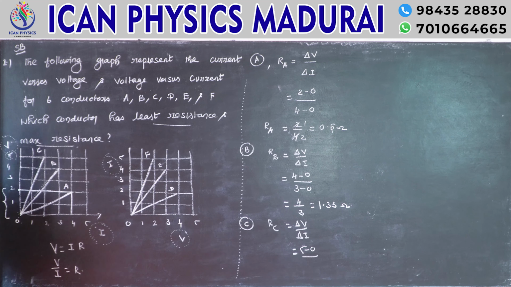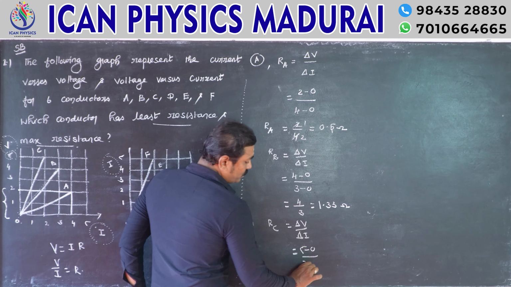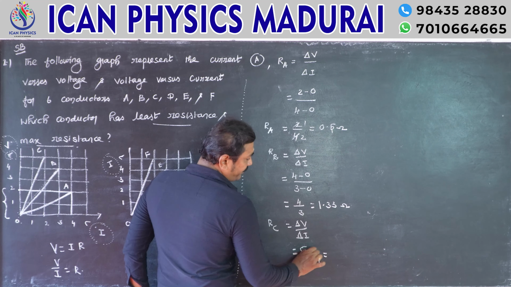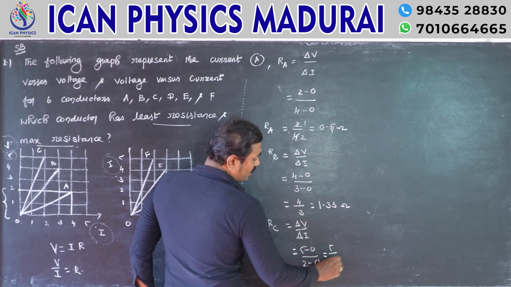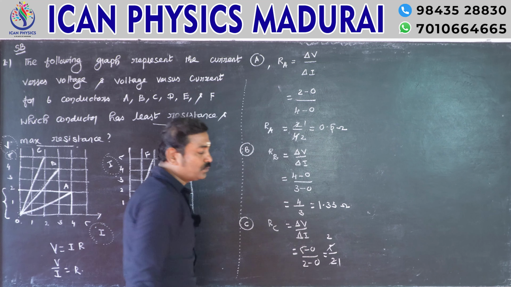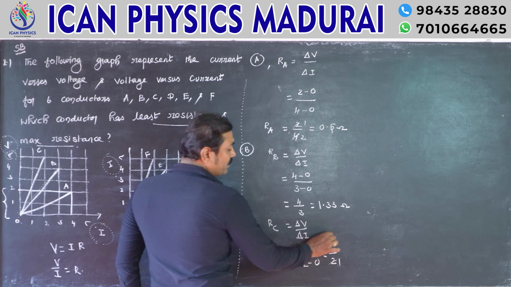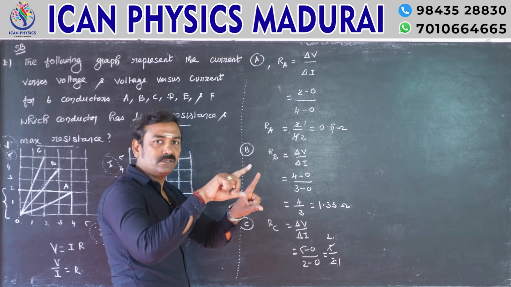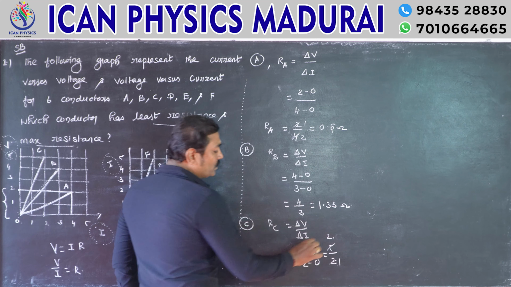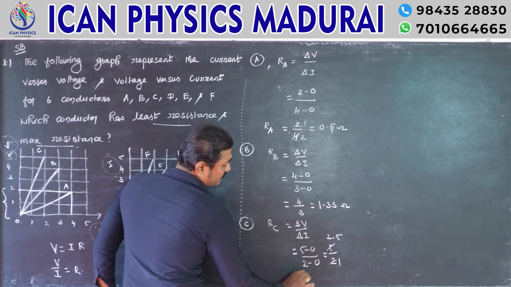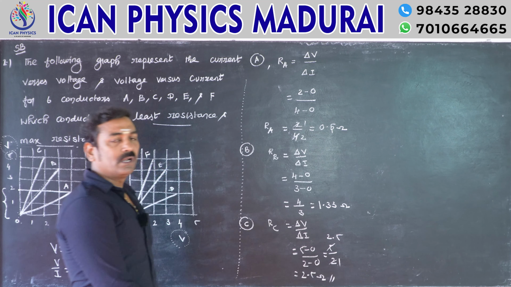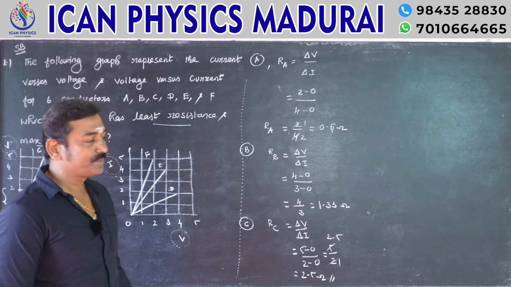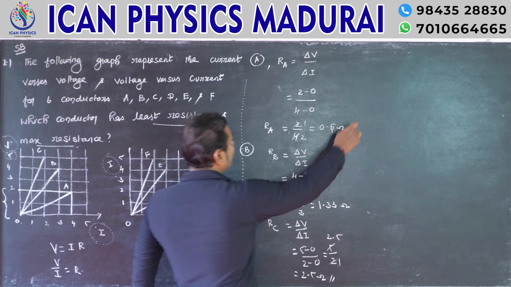So 2 minus 0. So 5 minus 0 is 5, 2 minus 0 is 2. Now 1 2 is 2. 2 2s are 4. Remainder 1. So when we put the decimal point, we can add 0. So it becomes 10. So 5 2s are 10. So 2.5 ohm. Okay. Now do you get it? Do you have any doubt? Okay. The first graph gets over.